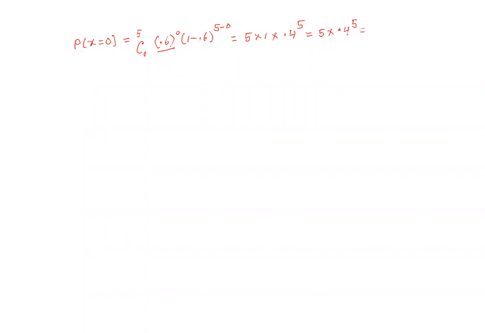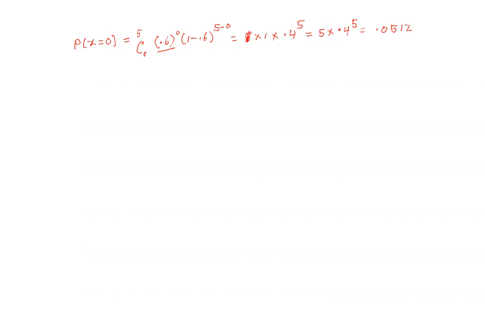And that number comes out to be, what is it? 5 times 0.4 to the power 5 is 0.0512. Did I do it right? Oh, no. 5C0 is 1. Sorry, my bad, guys.